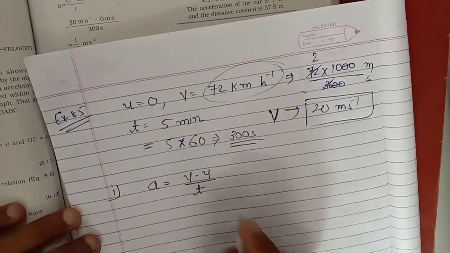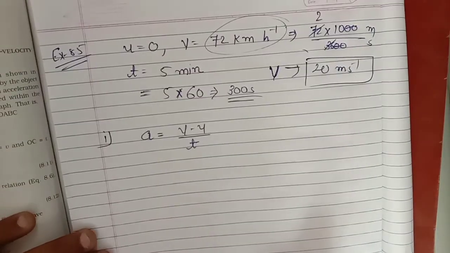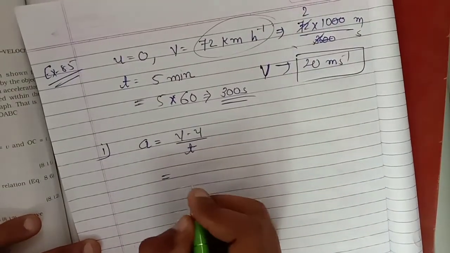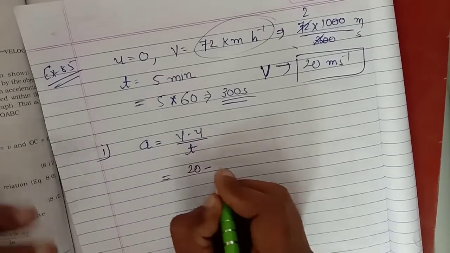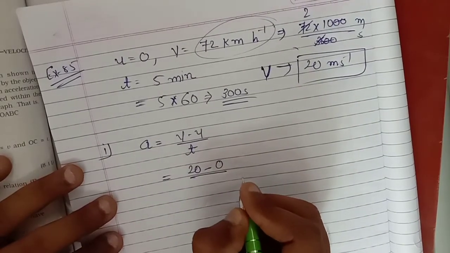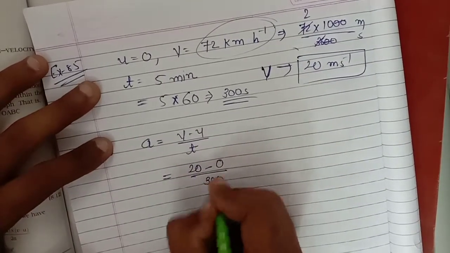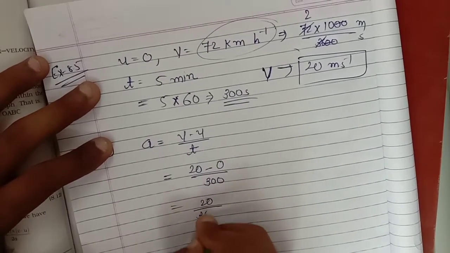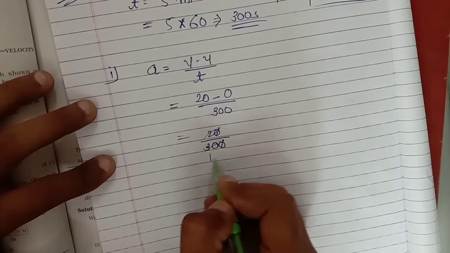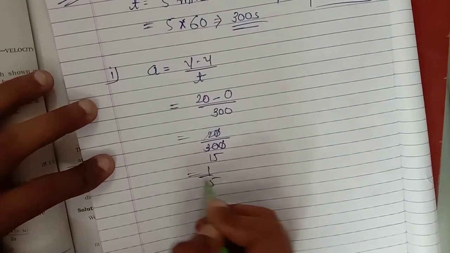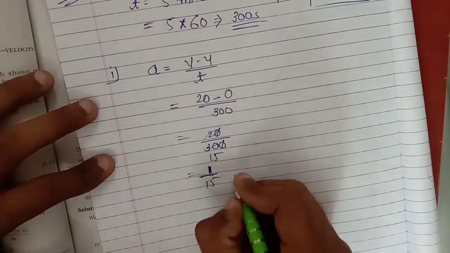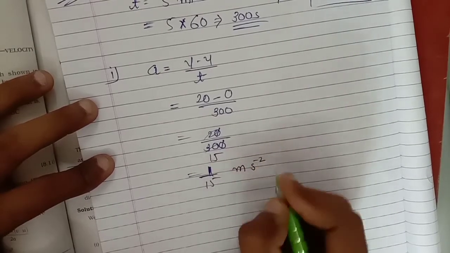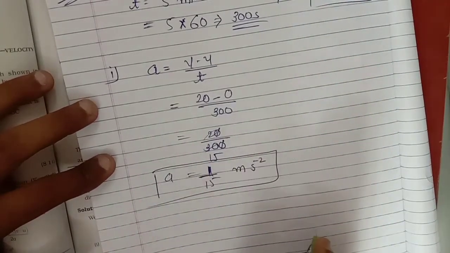So acceleration is V minus U upon t: V is 20, initial velocity is 0 because it starts from rest, and time taken is 300. So 20 upon 300, which is 1 upon 15 meter per second square. This is the acceleration.